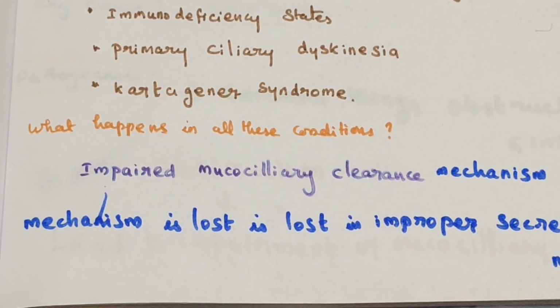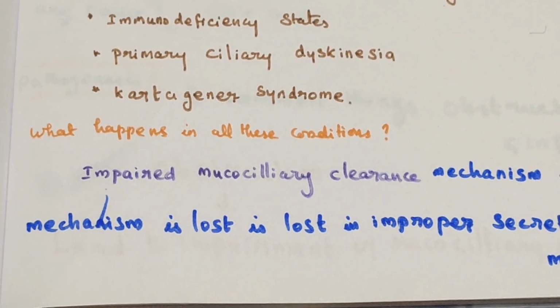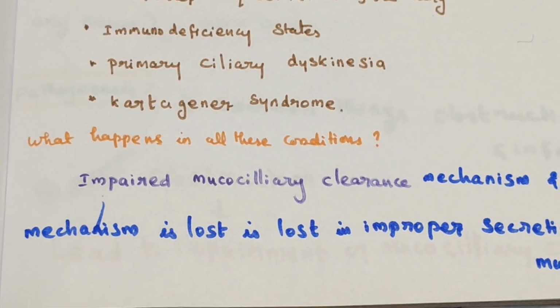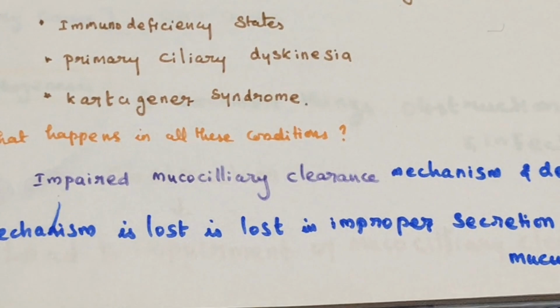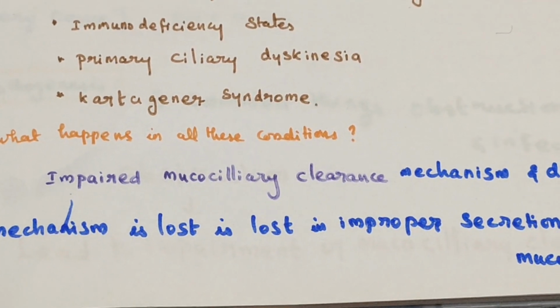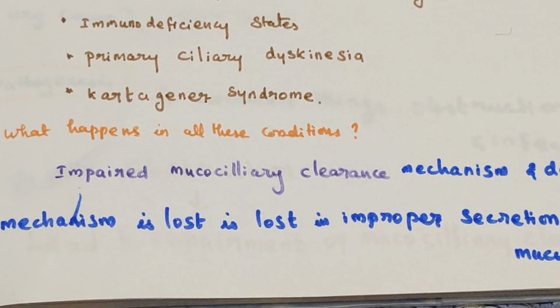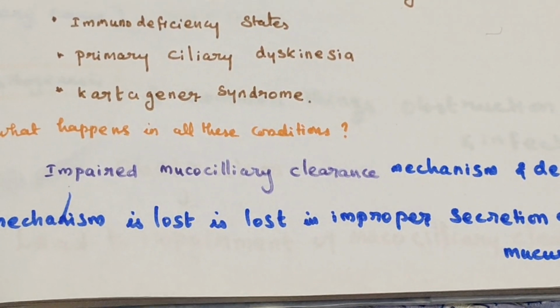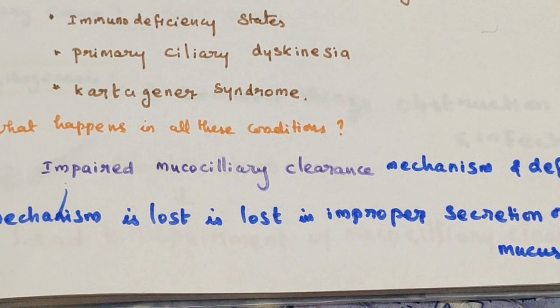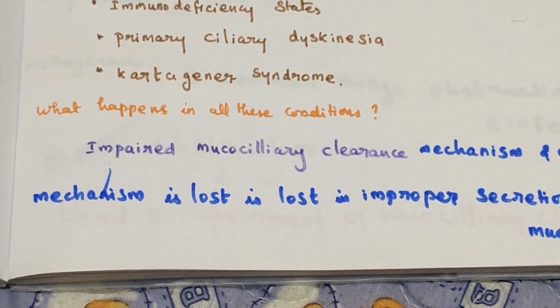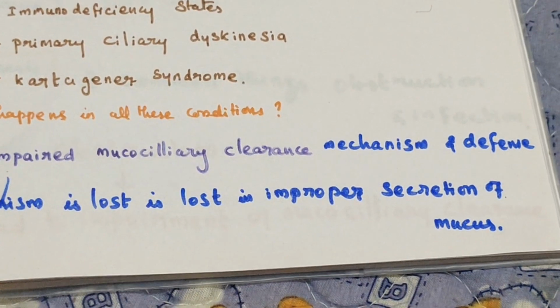What really happens in all these conditions is that there will be impaired mucociliary clearance mechanism, and the defense mechanism is lost in the form of improper secretion of mucus.